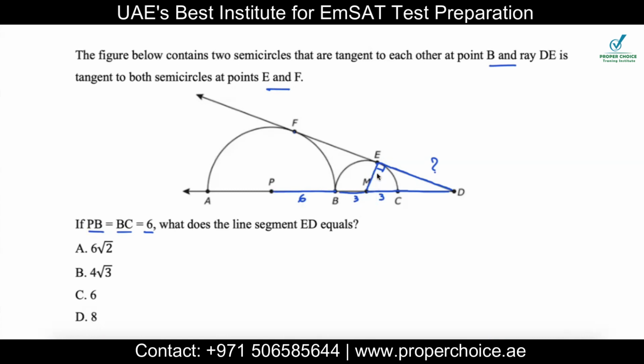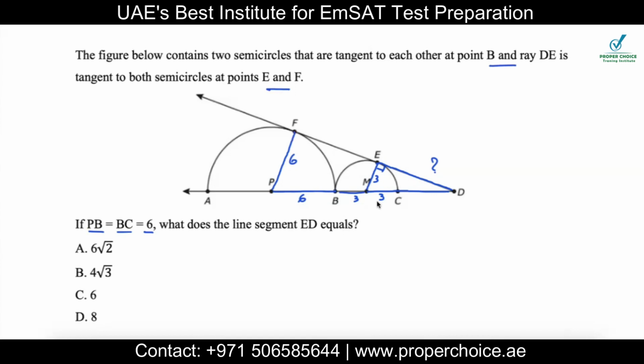I can also say the length of ME is 3, because it is the radius of the smaller circle. In the same way, the length of FP is also 6, because it is the radius of the larger circle.